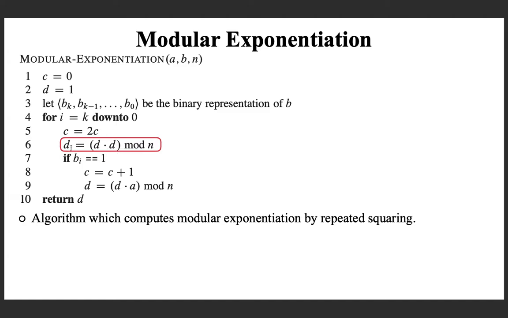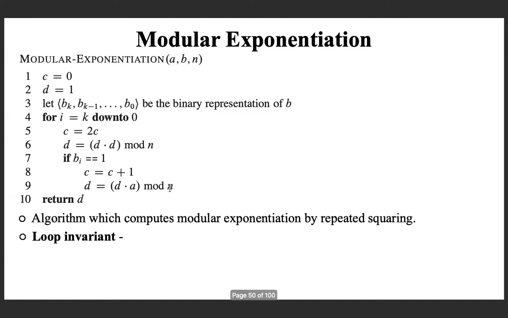Here the result will be in d, and initially it is initialized to 1, and then you are doing squaring repeatedly. After a squaring, if a condition is true, you are also multiplying a with it in the modular system.